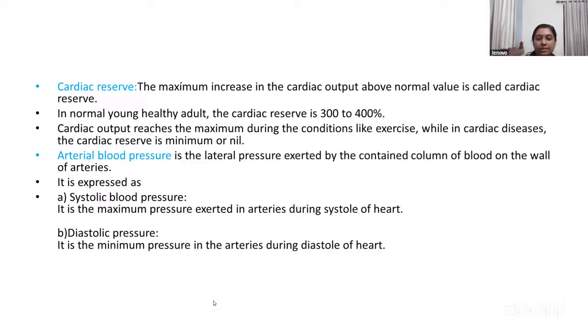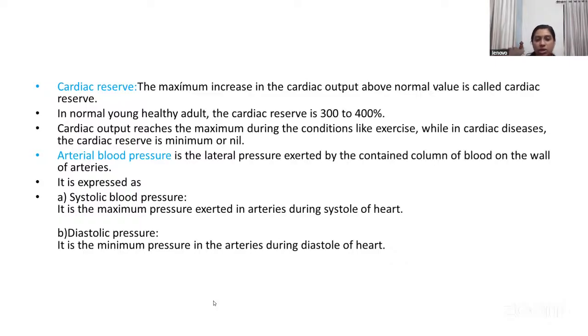In a normal healthy adult, the cardiac reserve is about 300 to 400%, about 3 to 4 times, which means in emergency situations the heart can pump about 3 to 4 times more blood than it usually pumps out. So cardiac output reaches a maximum during conditions like exercise. In exercise the heart has to pump faster, so the cardiac reserve is utilized. And in cardiac diseases, the cardiac reserve is almost minimum or nil.